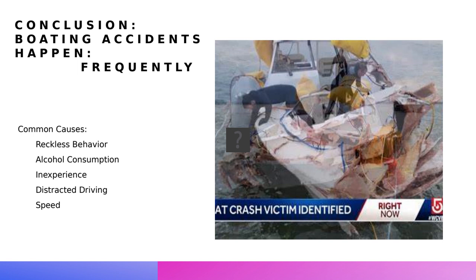And I tell you on the audio on the slide that boating accidents happen frequently, more frequently than we might think. And there are common causes, right? And they're listed over here. The first thing you might think is those are the same common causes of vehicle accidents on our roads and highways, right?